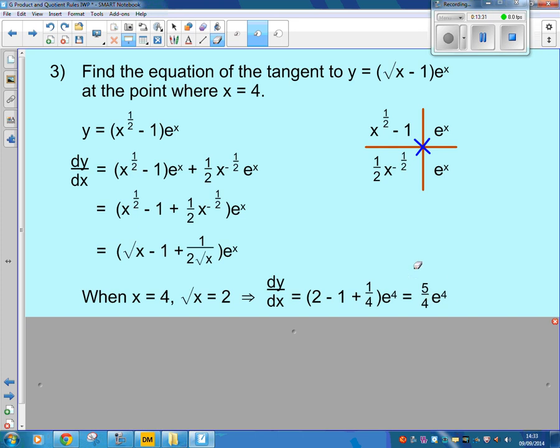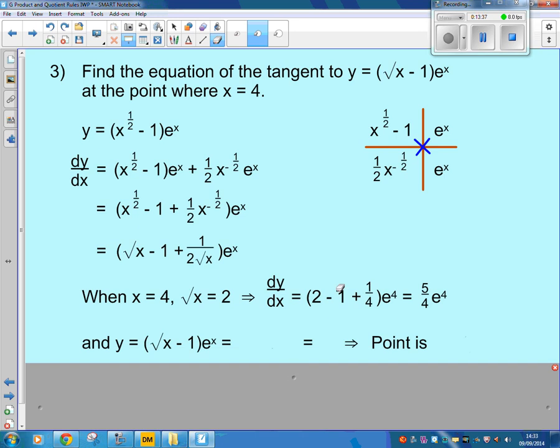Now that is the gradient of the curve when x is 4, dy over dx being your gradient. To find the equation of a tangent, you need the gradient, and you need the point it goes through as well. So you need to say, well, when x is 4, what is y?